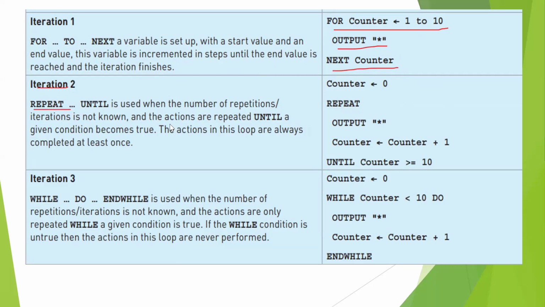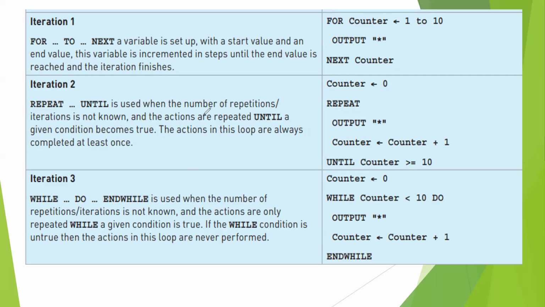Iteration: REPEAT UNTIL. Do you remember repeat until? We have done that. In this, when the condition is false, it executes. When it becomes true, it exits.